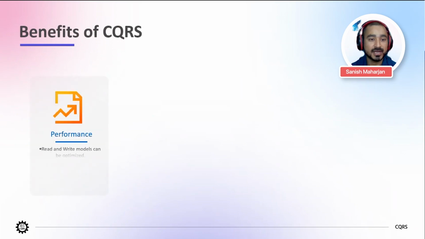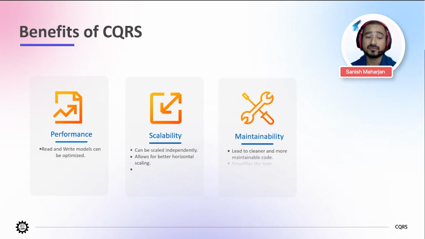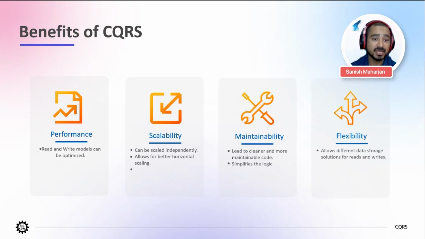Okay, so now the benefits of CQRS. There are a lot of benefits of CQRS, and these are the four main benefits that I'll be talking about here. The first one is performance. Read and write models can be optimized. Since we're segregating the read and write model, whenever I say segregation of read and write, I'll be focusing on two things.